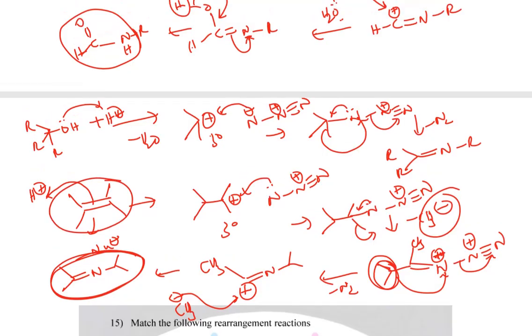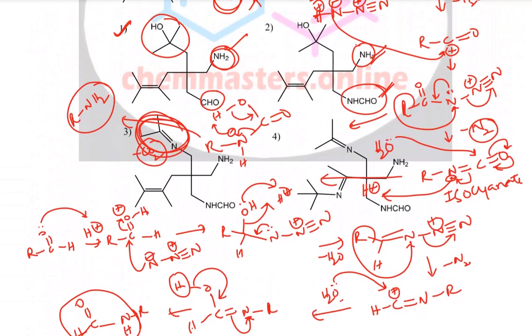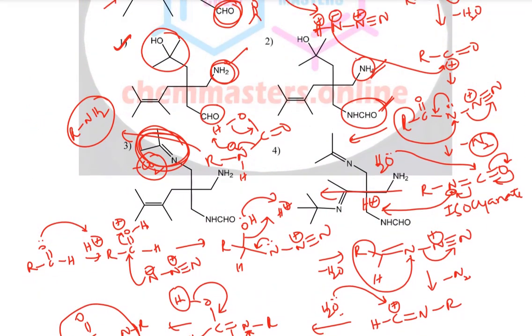Now just check the fourth product, where rearrangement is observed, but 3 alkyl groups are just substituted on 1 carbon.